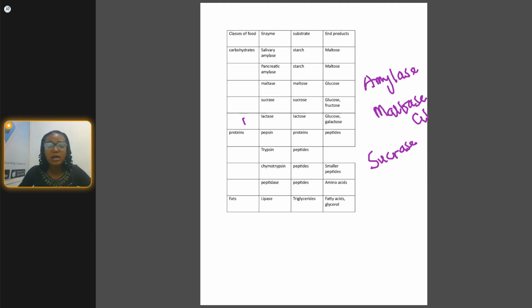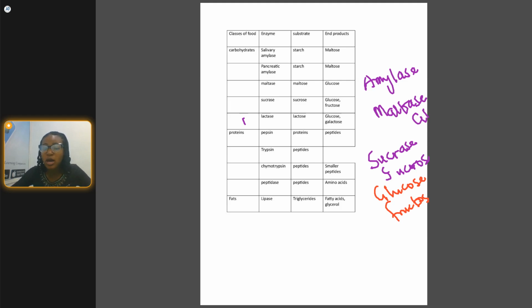Sucrase acts on the food that has sucrose, and the end product of sucrose is glucose and fructose.